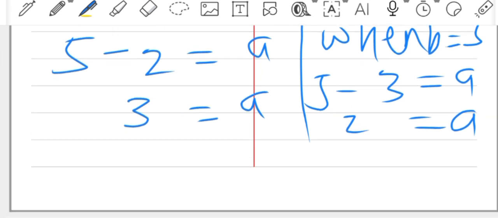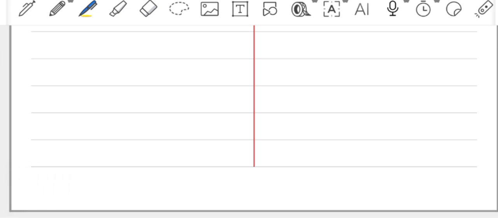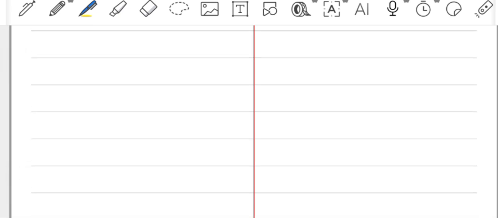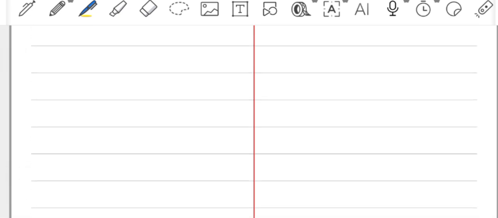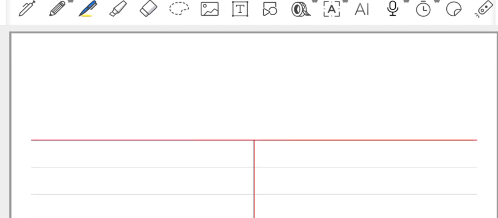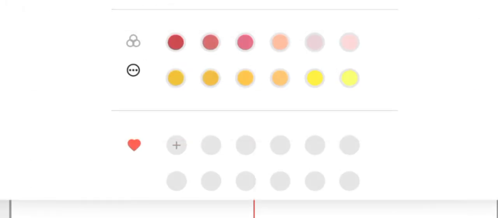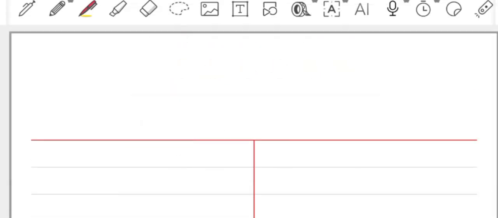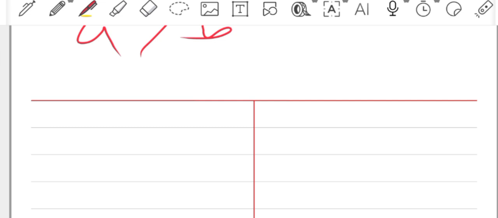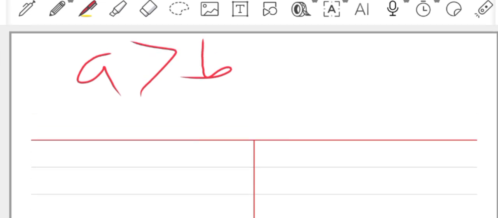Next, we consider the conditions that were given to us. We are told that our a is greater than our b. In view of that, of the two values we are getting, a should be the greatest one.